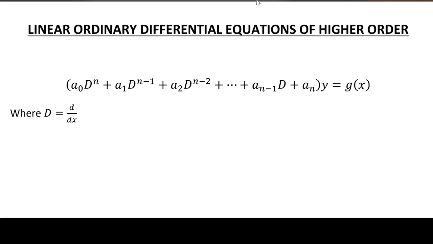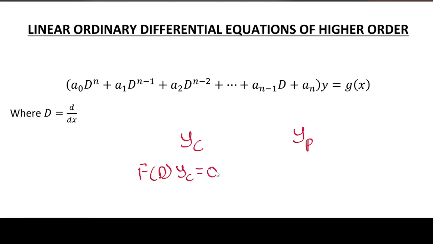One is called the complementary function, and we denote it as yc, and the other is the particular integral, which we denote as yp. This complementary function yc is such that when I operate the differential operator f of D on yc, it will become 0.